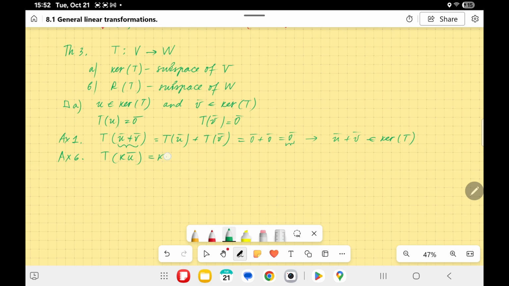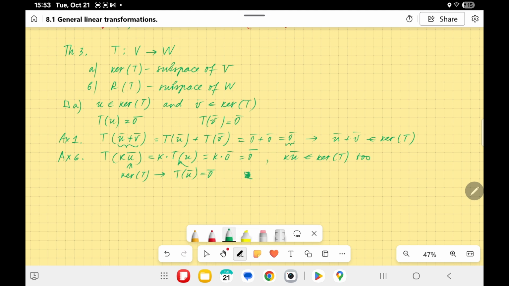The transformation of ku is k multiplied by the transformation of u. If u belongs to the kernel of T, that means that T of u equals 0, so here I have k multiplied by 0. I'll substitute that, and it's going to give me 0. So this vector ku also belongs to the kernel of T, just because it transforms into 0. The space is closed. Closure axioms are working, other axioms are going to work, we know. So it's going to be a subspace.